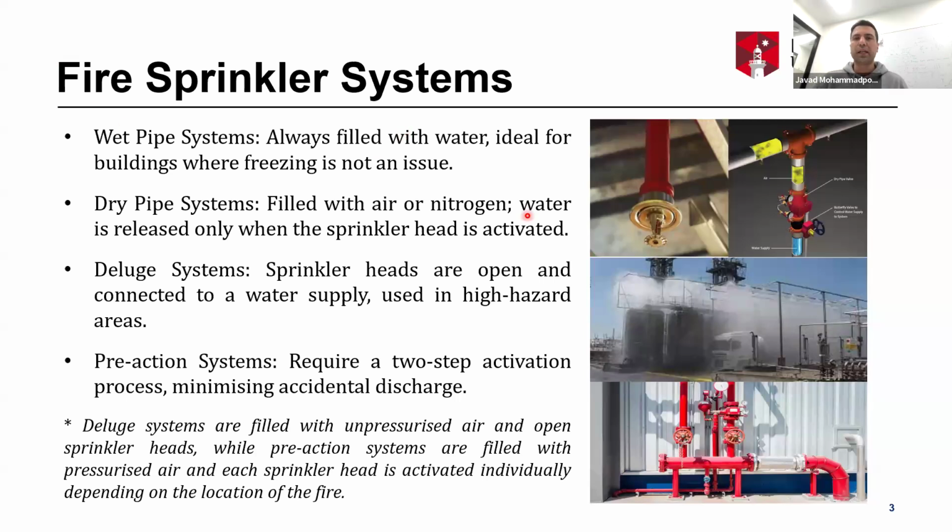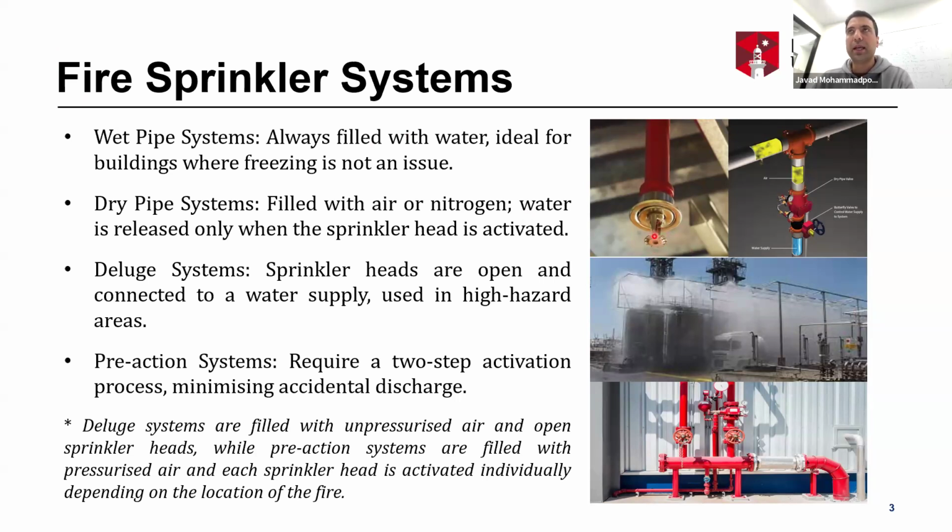Let me explain the structure of the sprinkler, which I think is familiar to all of you, and all of you have actually seen the sprinkler at your building, at your university, at the shopping center, and different places. So the structure of the sprinkler head is like this. We have a bulb, and this bulb is filled with liquid.